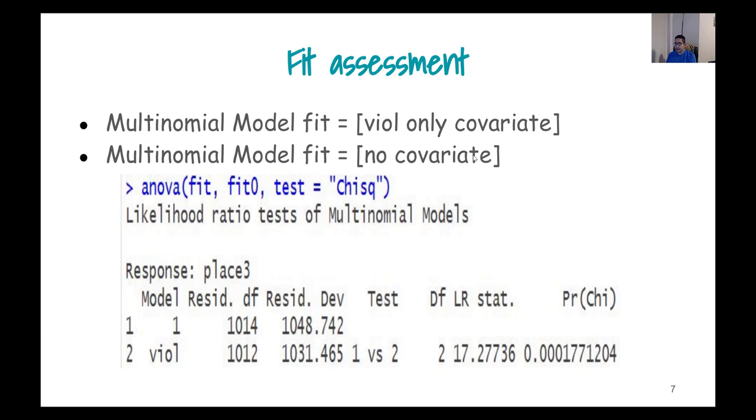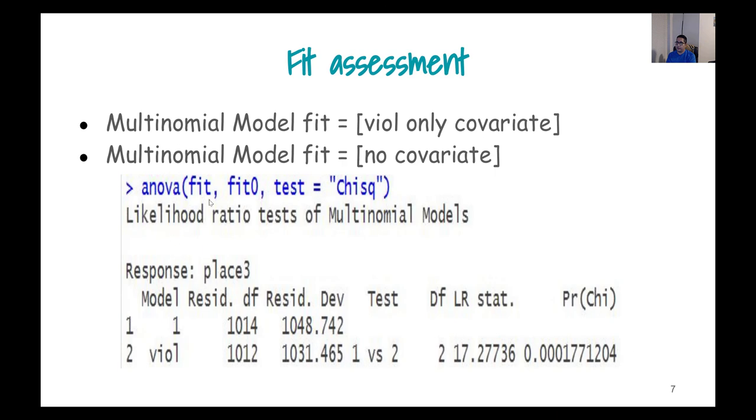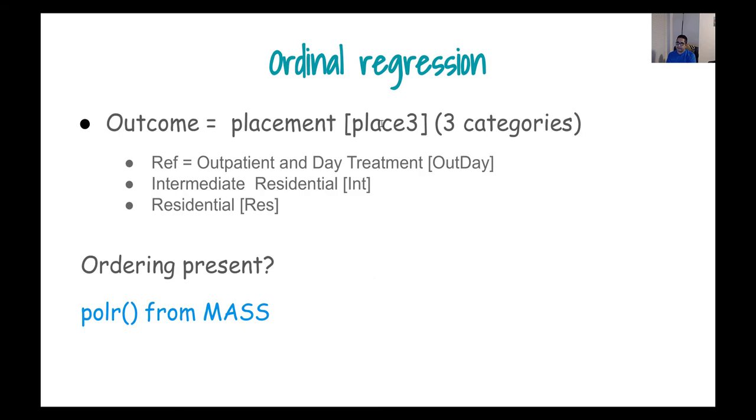So you are basically using 1 in the model so that you do not have any covariate, and you name it fit 0 and you compare this fit and fit 0, and then you can see the p-value for the chi-square test is going to be very low. That means that these two models are very different, and that means what? That means that this fit 1, when you are including this viol variable, is significantly contributing to the model.